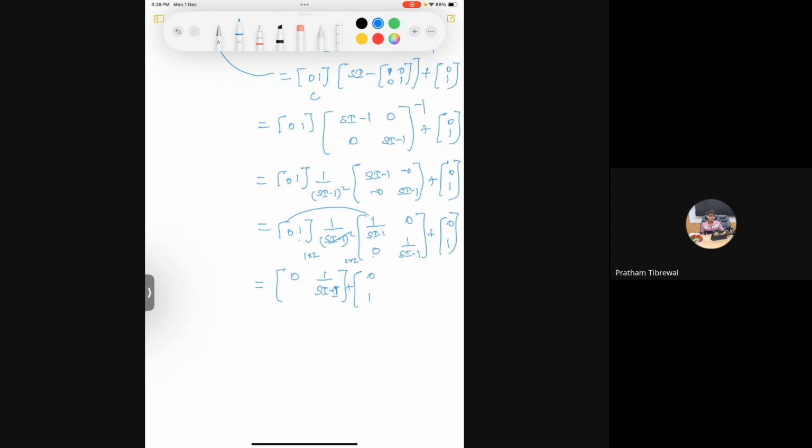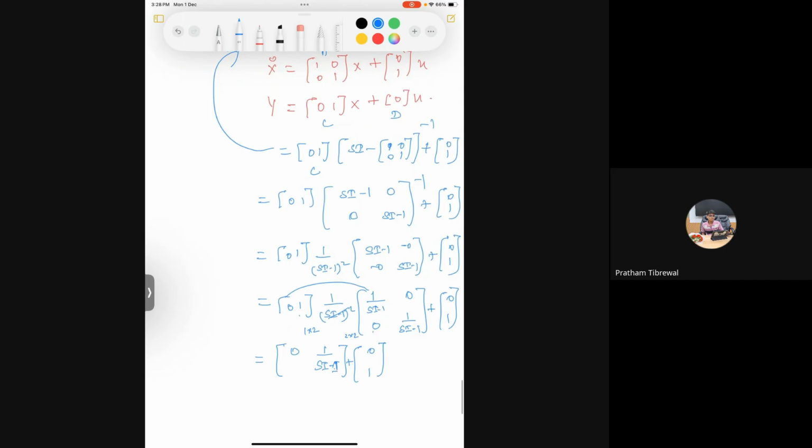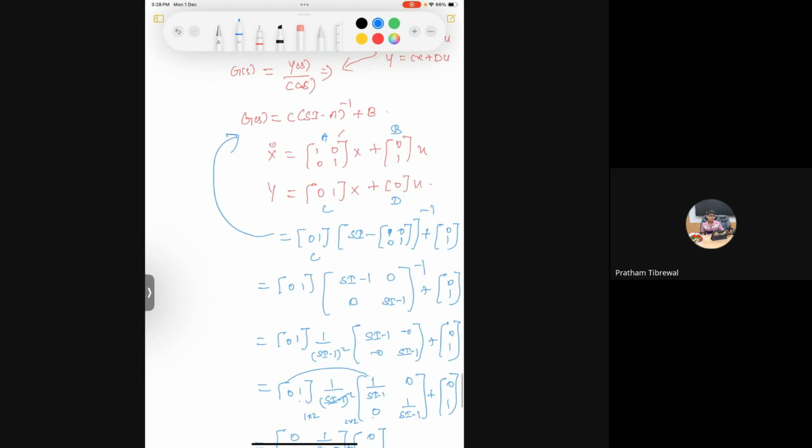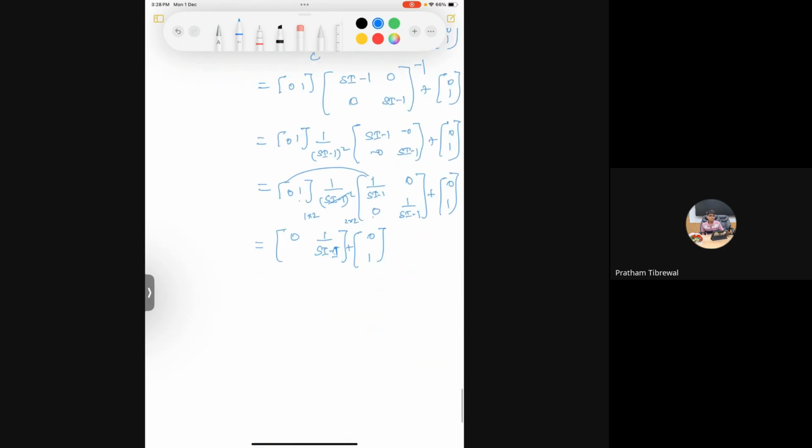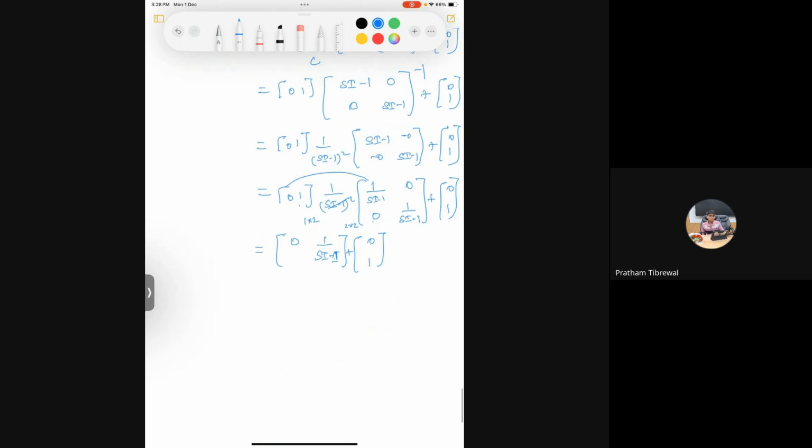0 1 plus B. It's correct only, right? 1 cross 2, it's 2 cross 2, 0 into this 1. 1 is 0, correct. One cross 2.